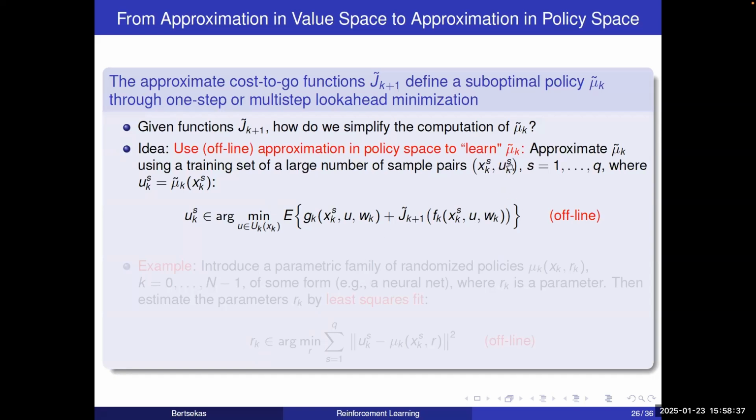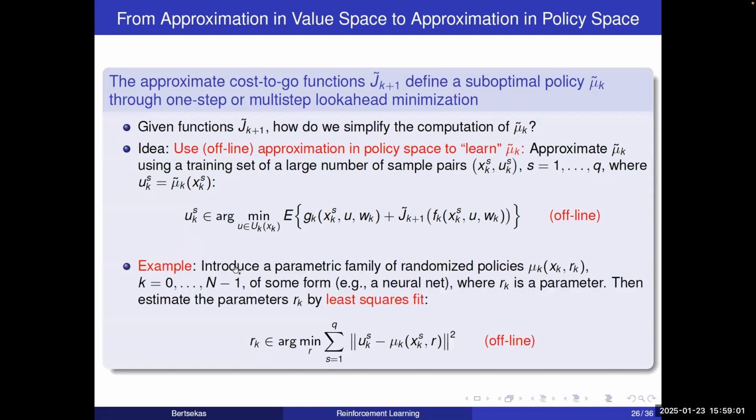So this control would be the one that, given xk, this mu tilde k generates, right? This process is carried out offline. We collect a lot of sample pairs, where this Q is going to be huge or large, depending on the problem size.